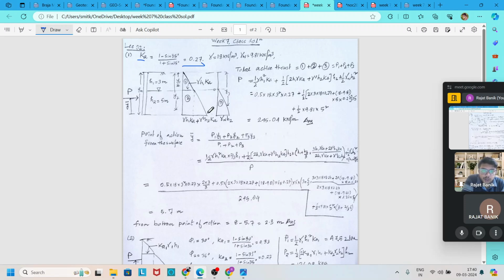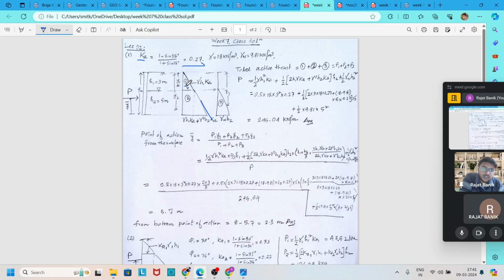I solved a similar type of problem in the previous class also. So first divide into area 1 and area 2, and area 3 is for water. From here to here is one soil condition, from here to here is another soil condition because it is below the water table. So the total active thrust is the summation of these areas.